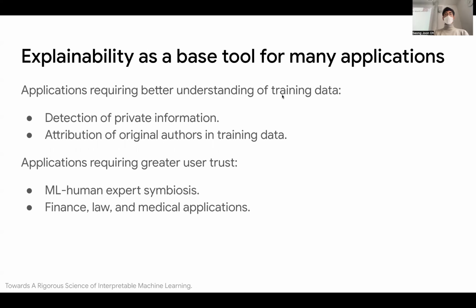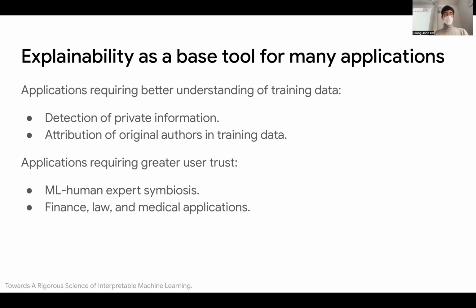Instead of looking into the test data, we can also reason back to the training data. For example, if your model seems to have learned something from your user data, something that is private to certain users, and certain users can even be identified because of this information hidden in the model, then it'd be very informative for the model developer to be able to trace back certain prediction back to the training data. So if, let's say, the large language model is outputting something that looks very close to someone's home address, right?